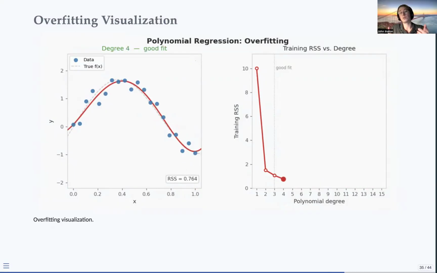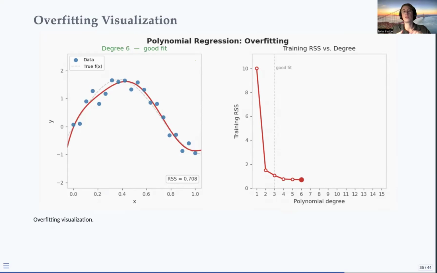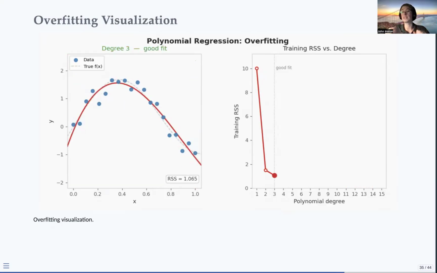So, for example, with this polynomial regression, which I know we haven't looked at yet, this is adding higher and higher degrees, i.e. more and more parameters to the model. And you can see that the line starts off looking relatively smooth, and as we add more and more parameters, it starts to become sharper and more jagged and copying the data more precisely.